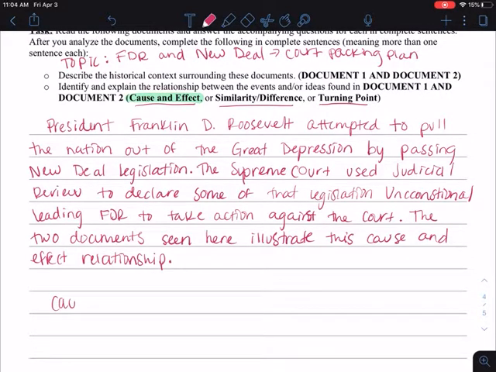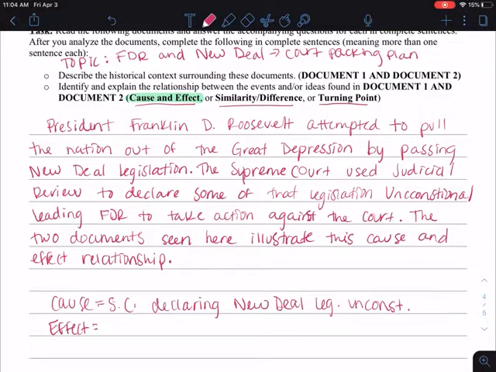The cause is the Supreme Court declaring New Deal legislation unconstitutional. The effect then was the court packing plan. And you've got plenty of outside information to use with this.